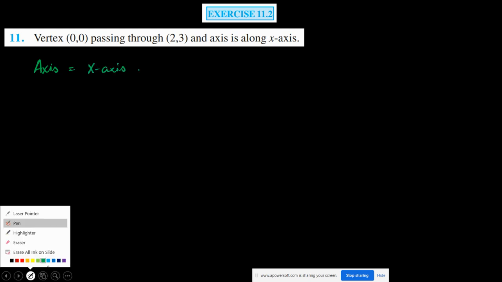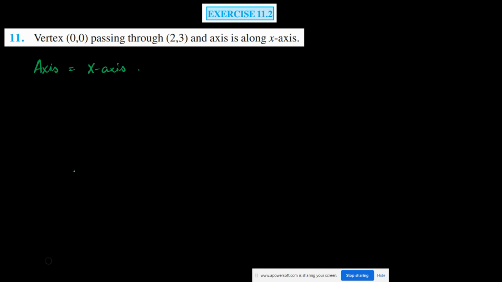Since the axis is x-axis, the equation either can be y square is equal to 4ax, or it can be y square is equal to minus 4ax.